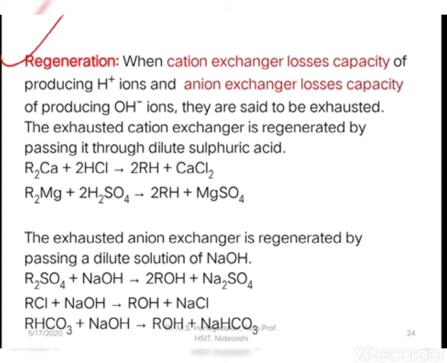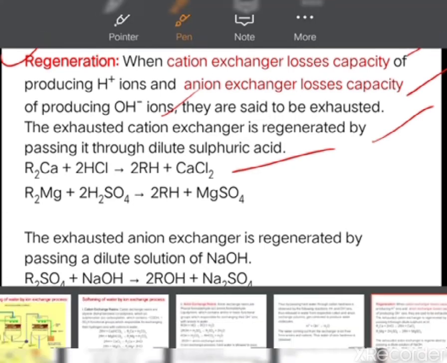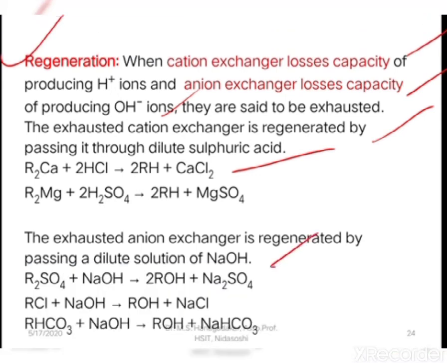When the cation exchange resin loses the capacity of exchanging hydrogen ions, and the anion exchange resin loses the capacity of releasing hydroxyl ions, that state is said to be exhausted. Hence the exhausted cation exchangers are regenerated by cleaning with dilute sulfuric acid, whereas the exhausted anion exchange resins are regenerated by cleaning with alkali, that is dilute NaOH solution.